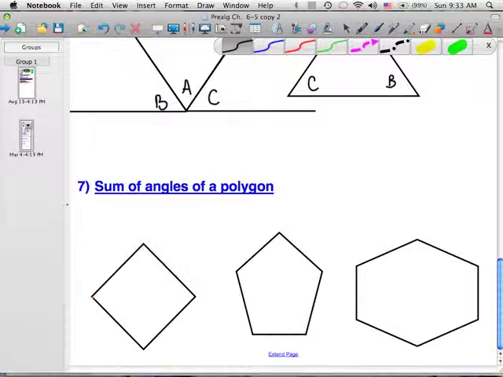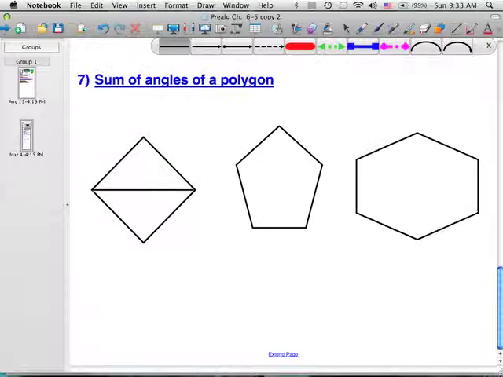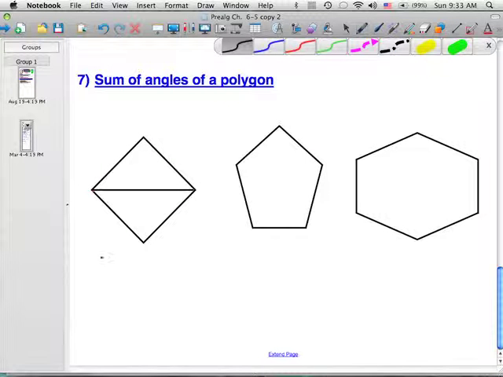Now we're going to use that fact to find the sum of all the angles of a polygon using diagonals. So I want to see how many triangles I can make. If I draw a diagonal here, I can get 2 triangles. And remember, each triangle is 180, so I have 2 times 180, so it has 360 degrees in here.